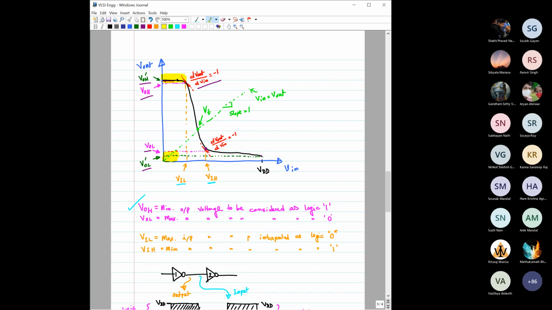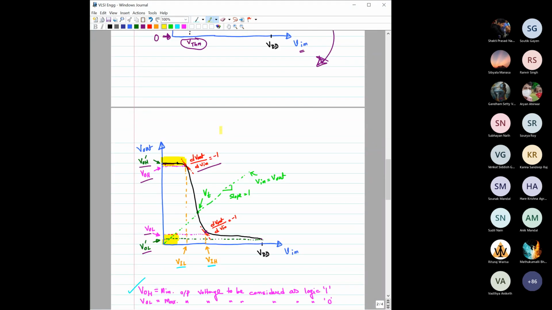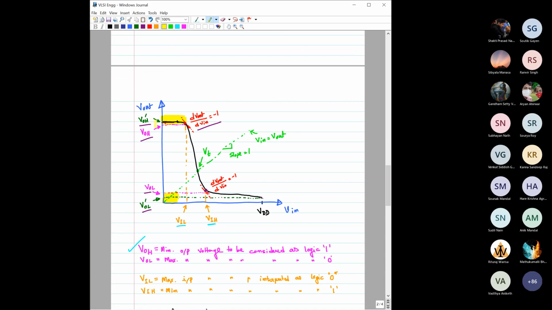As I have mentioned to you, for this particular case, VOH is equal to VDD, but it is not the generalized one, right? It might be that VOH is not equal to VDD, and you can have some range of voltage on the output side from VOH to the VDD level, which is considered as logic 1 output.